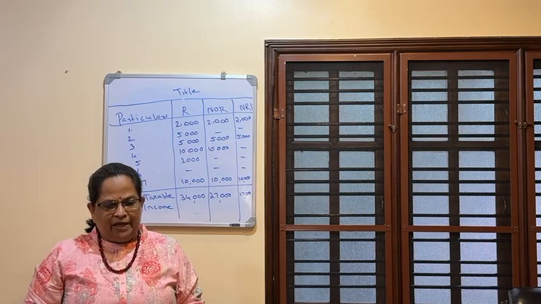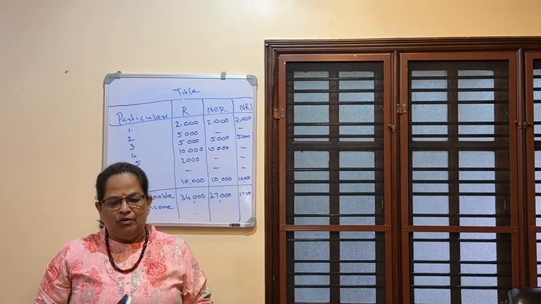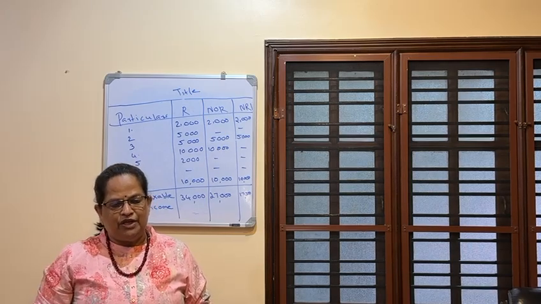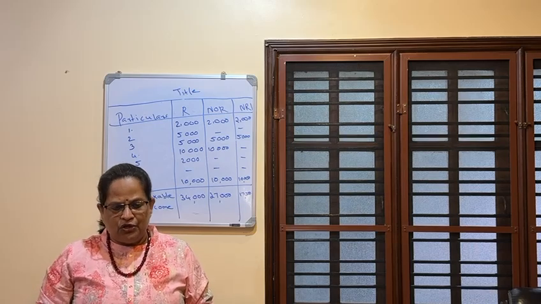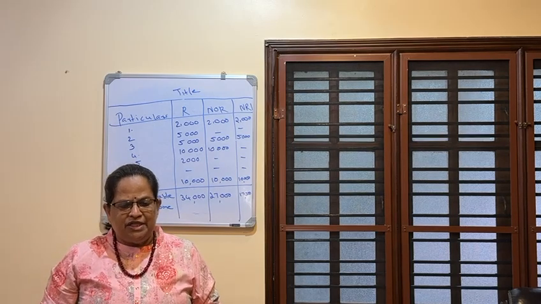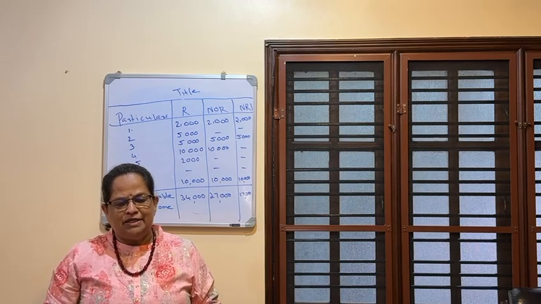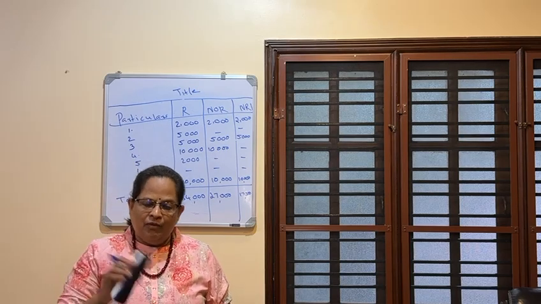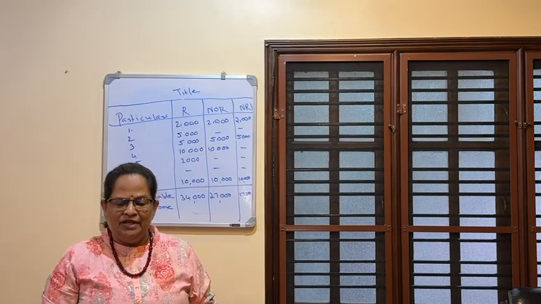Now, second problem: compute the gross total income of Mr. A for the assessment year 25-26 if he is a resident, not ordinarily resident and non-resident. Interest on German government securities, 1/3 received in India and 2/3 received in Germany.